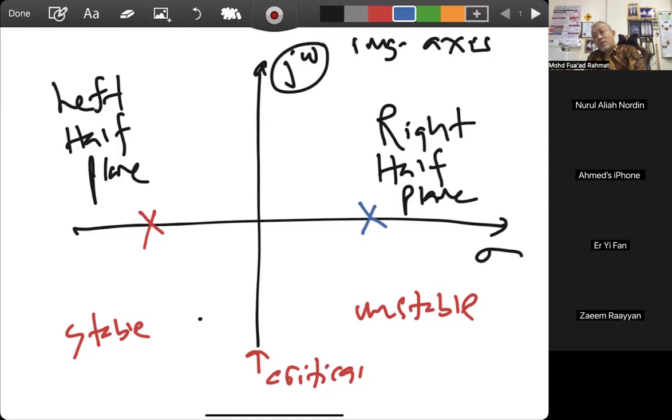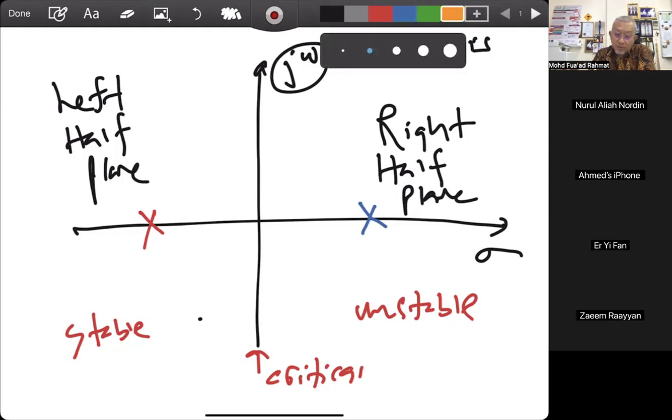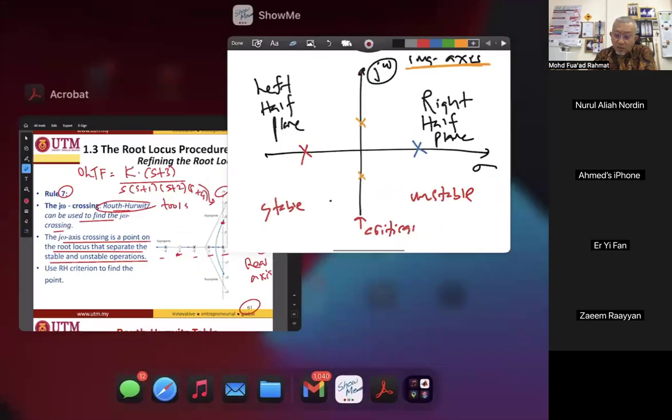An unstable system is not safe and can cause accidents to the system and the human. Critical is on the imaginary axis. Critical is 50-50: it can go to stable or to unstable. That's why the pole is on the imaginary axis. This is the concept that you must understand first.